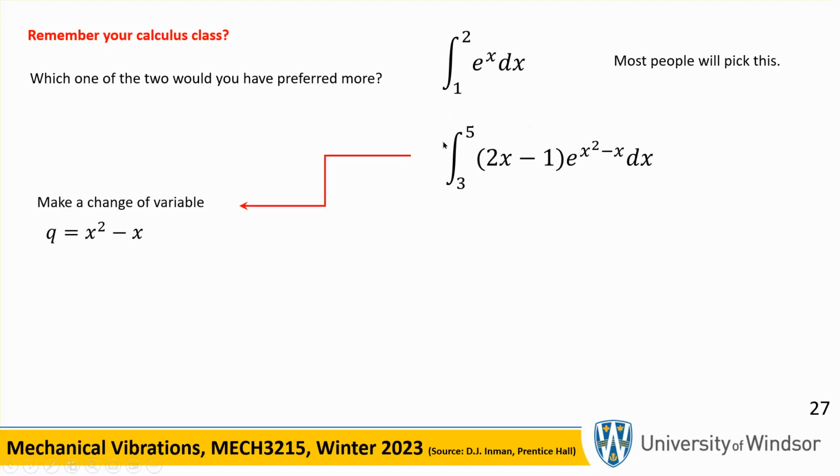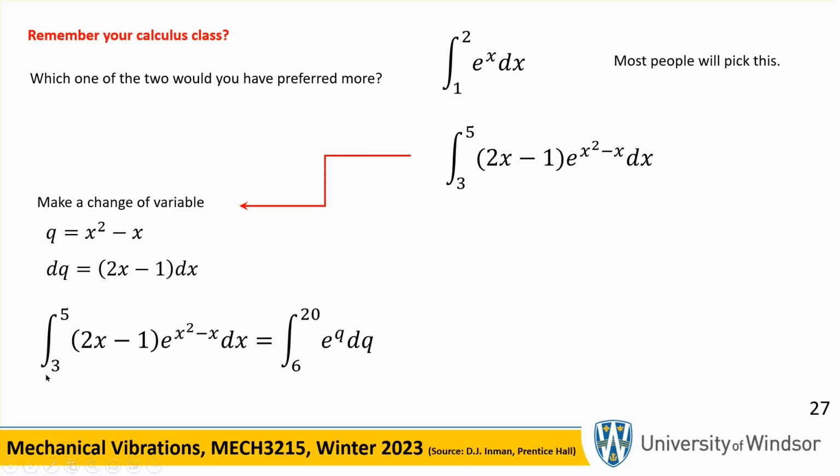But if you make a change of variable, you see, this is what scared you. x squared minus x scared you. If you call it q, this thing, 2x minus 1 dx, is just the derivative of that q. In other words, if you call this thing q, dq/dx is 2x minus 1. So these two actually are the same.